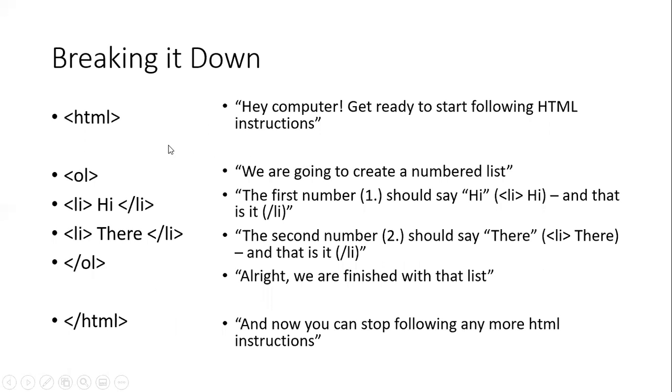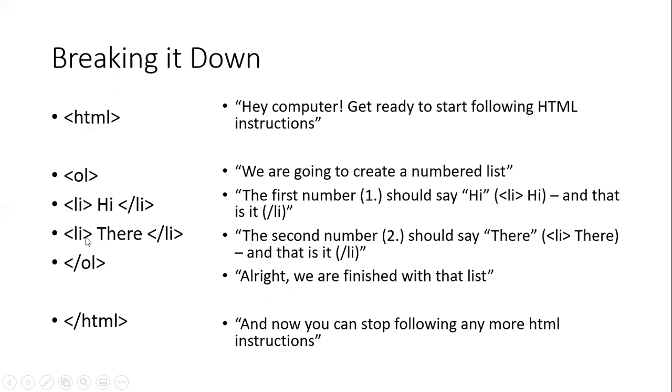A little bit more complex code. Now we're including multiple elements together. With HTML, you're going to include this at the beginning of your web page because this says, hey computer, I'm speaking in HTML, I want you to follow HTML instructions. This is in opposition to if you specified Java or PHP. You're telling the computer what language you're going to use.